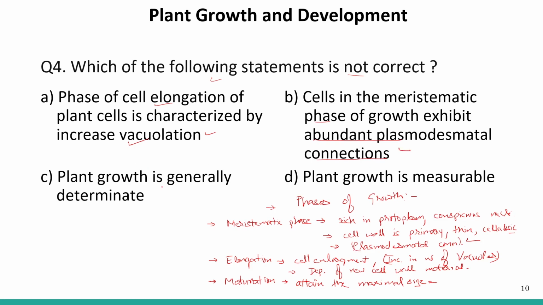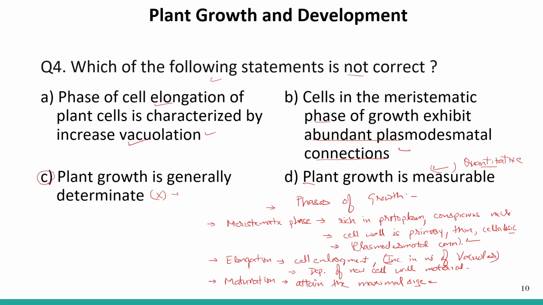Option C is: plant growth is generally determinate. Okay, and the last option, option D, is: plant growth is measurable, which is also true. We can quantitatively measure the plant growth. And again coming back to option C, plant growth is generally determinate.